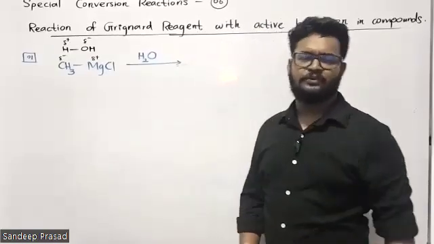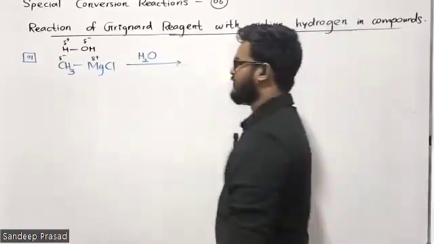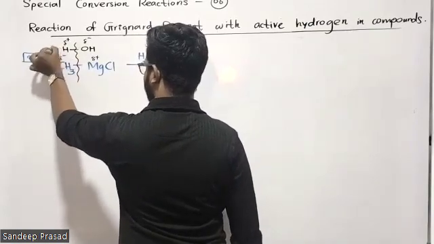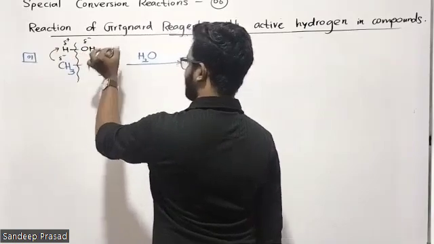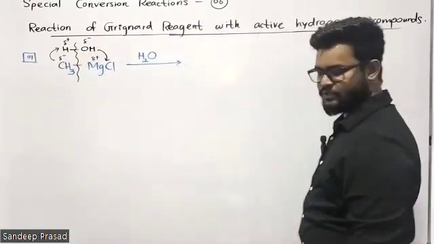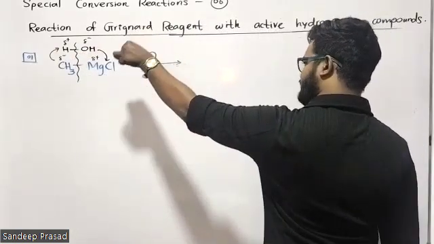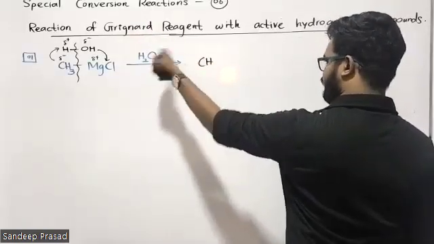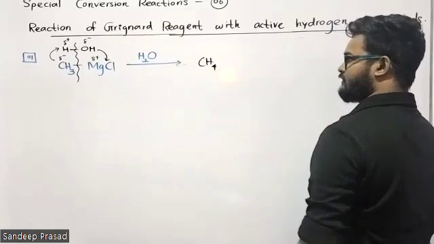Then you know what to do. You can break the bonds in this way: CH3 connects to hydrogen, and OH connects to MgCl. So the positive one connects to the negative one, and the negative one connects to the positive one.